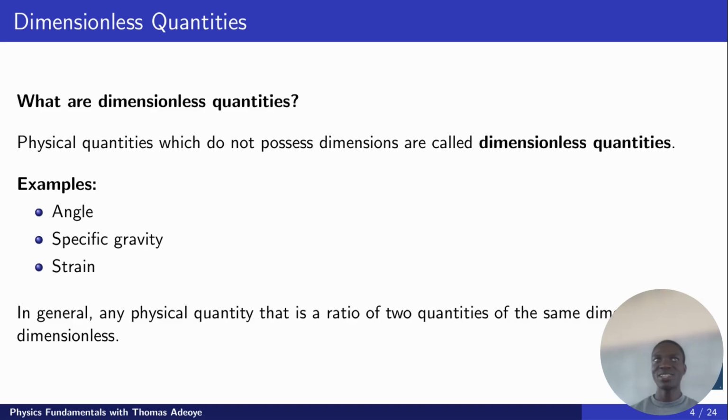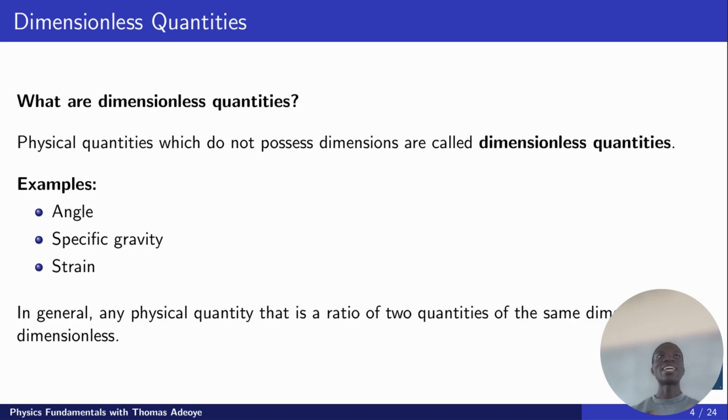It is dimensionless. So what does this tell us? What this means is that there is a possibility that a particular physical quantity has units but no dimension. So I would note it down that not all dimensionless quantities are unitless. Do you get that? Not all dimensionless quantities are unitless.